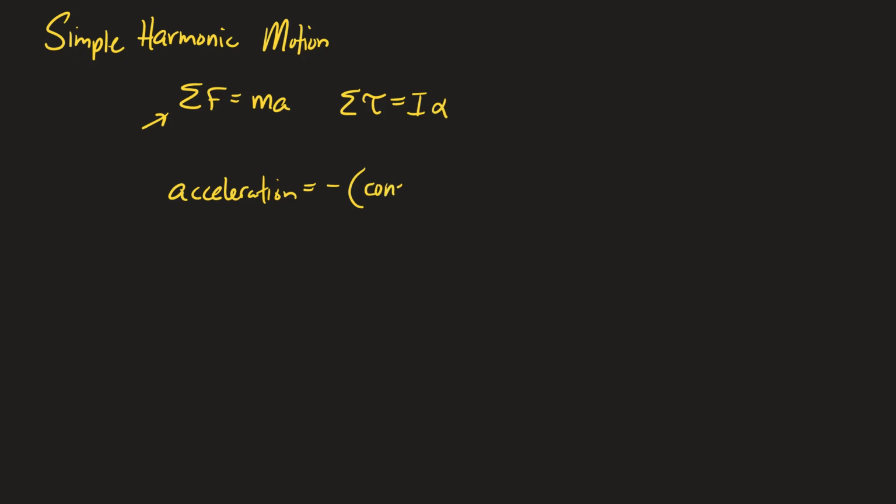What we found is that in a generic sense, if you have a system that has an unbalanced force and you apply Newton's laws, and that can be either Newton's laws for torque or Newton's laws for force, and you solve for the acceleration, and you get an acceleration equals a minus sign times a constant times a displacement.